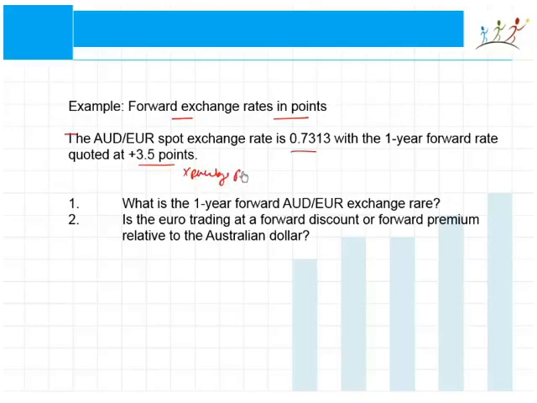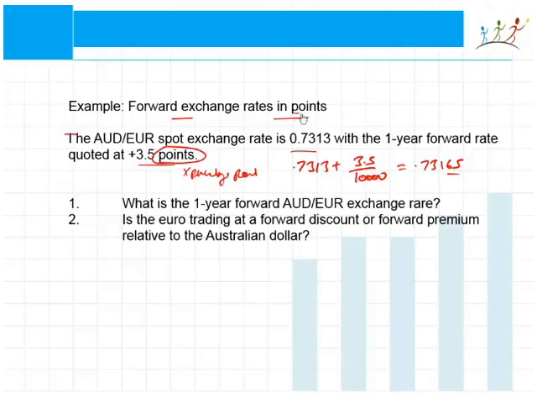If the question just says points, then you have to simply divide the number by 10,000 and add it to the quoted price. So spot is 0.7313 and the forward rate will come out to be 0.7313 plus 3.5 upon 10,000, which will be 0.73165.